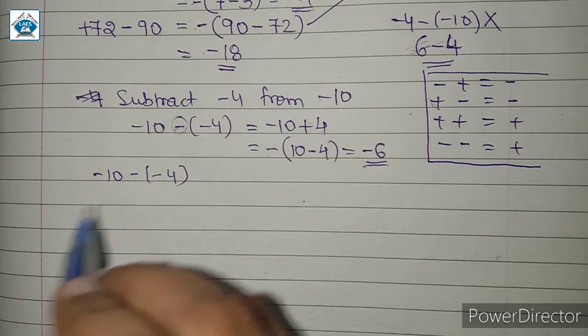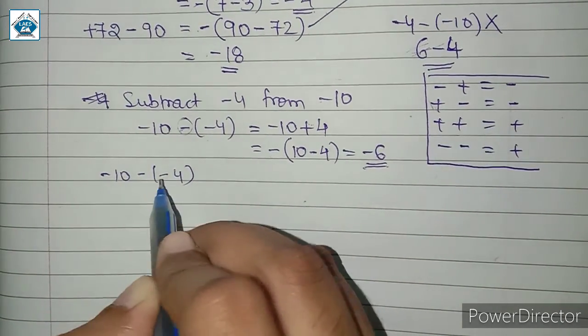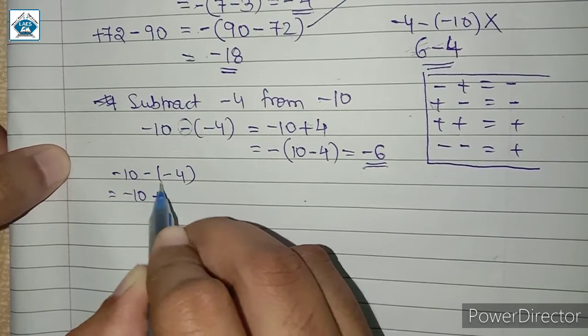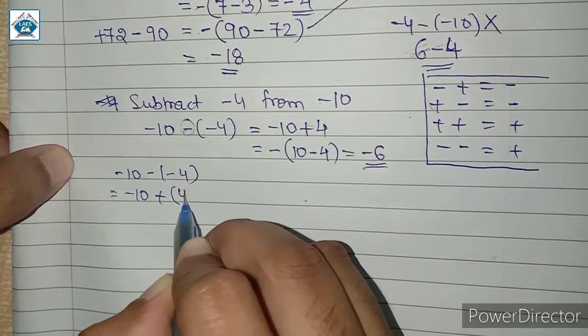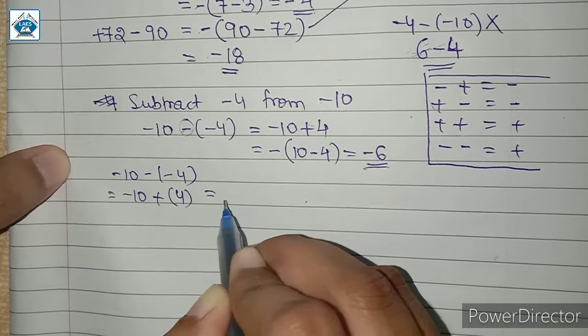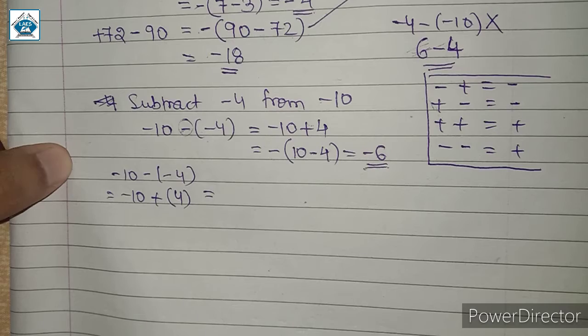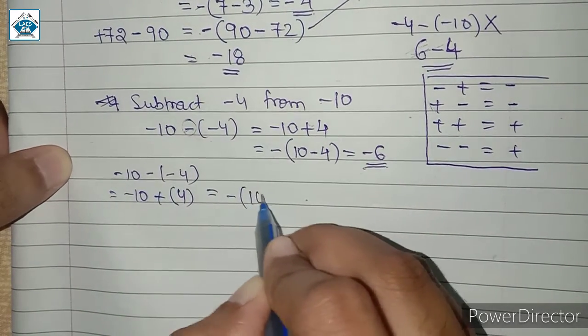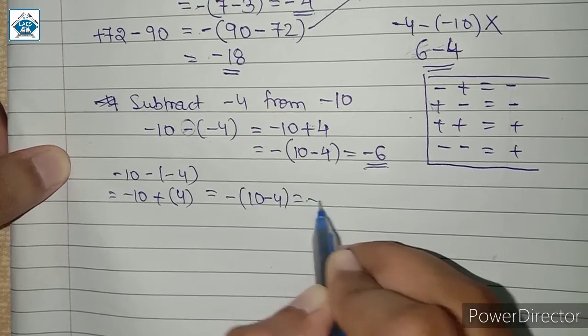So over here, what did I say? Instead of minus of -4 we can write -10 and add the additive inverse of -4. So the additive inverse of -4 is 4. So this is equal to, we can take minus common, then we will have -(10 - 4), which is equal to -6.